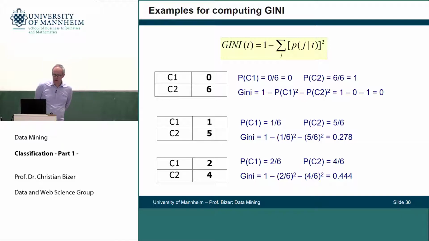The relative frequency of class 2 would be 1, so 6 records having class 2 out of the 6 records in this bucket. We square both of these values, we subtract them from 1, and we end up with a Gini value of 0, saying that we have a completely clean bucket. Some more examples: you see, as the buckets get less clean, the Gini value increases.